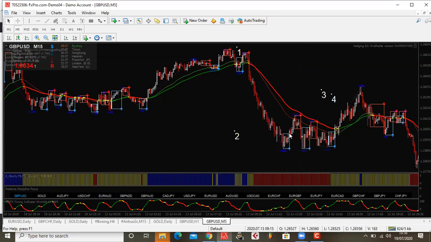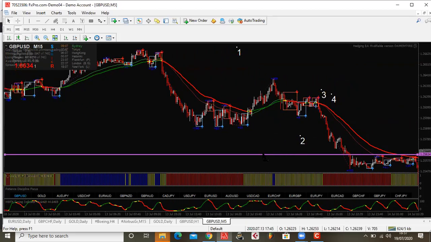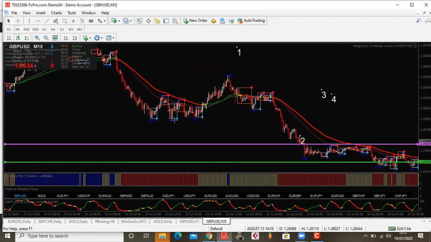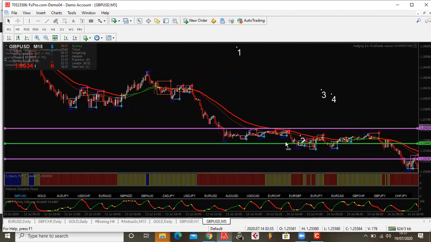62 pips. So your second entry was right around here. Now there isn't any buy entry so far, so you're safe. So now you have to make 62 pips. So from here, let's see, 30, 50. Would you be lucky enough to get 62?